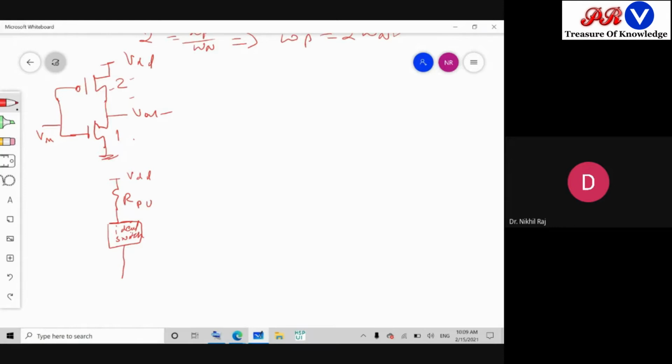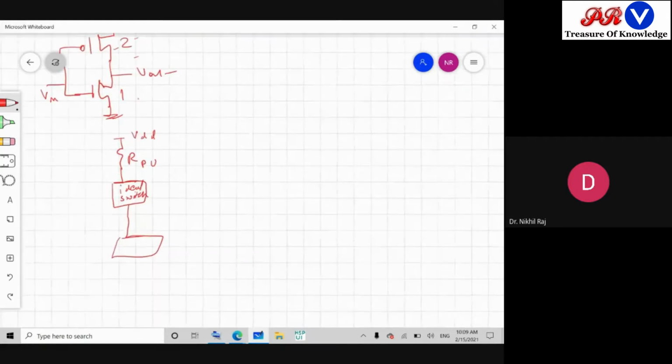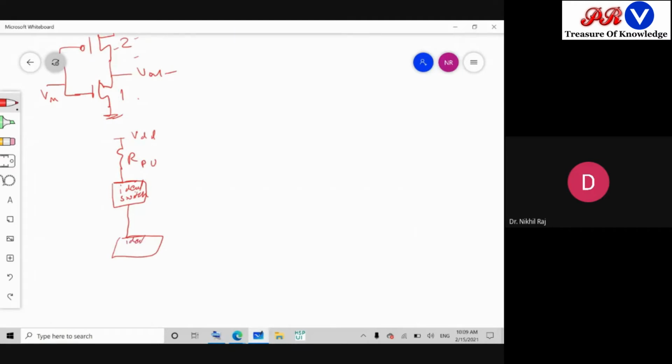Then for the NMOS also, I will do the same thing. Here the ideal switch of the NMOS is there, and it will offer a pull-down network connected to ground. Vin is applied from here to here, and from here Vout is taken out. And let's say here Cout is there.